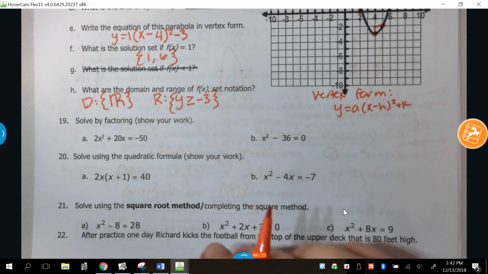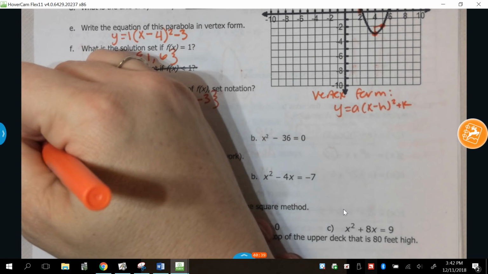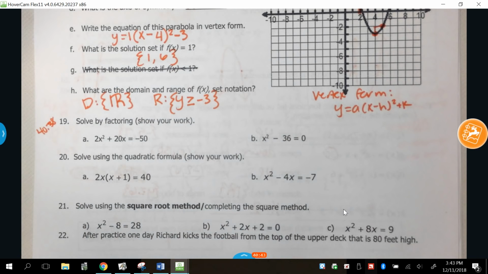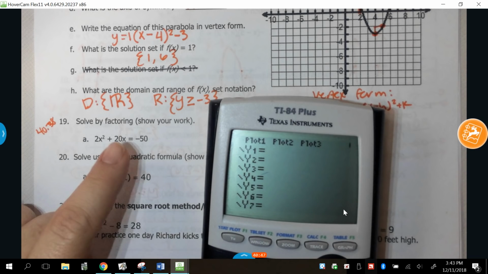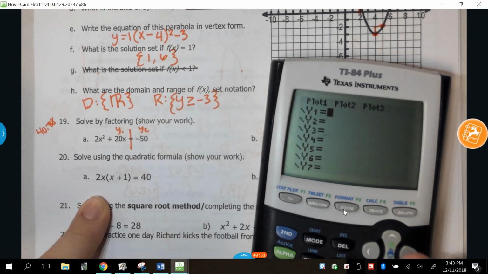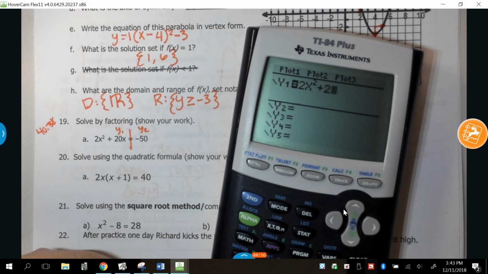Number 19 wants us to solve by factoring. I want you to realize that you can technically do these in your calculator. Let's look. y1, y2. Remember, this test is multiple choice. 2x squared plus 20x minus 50.